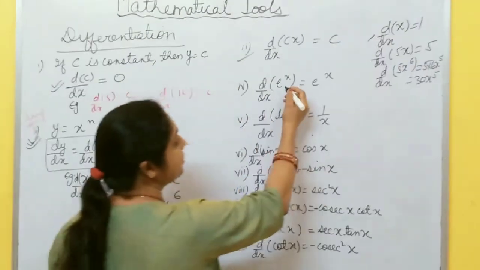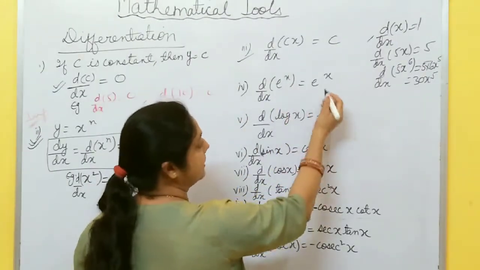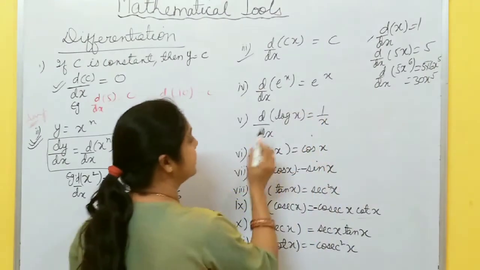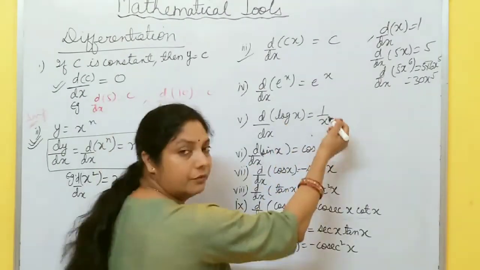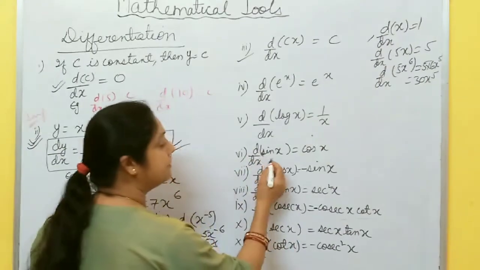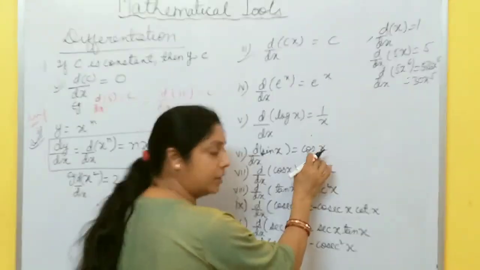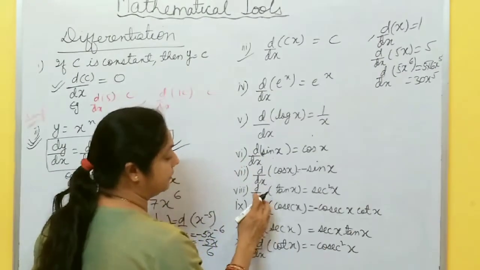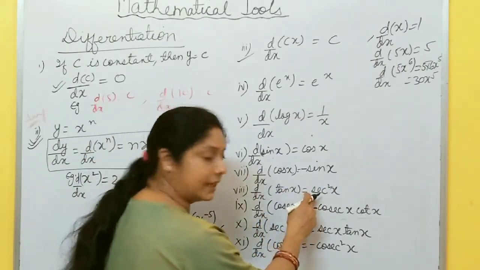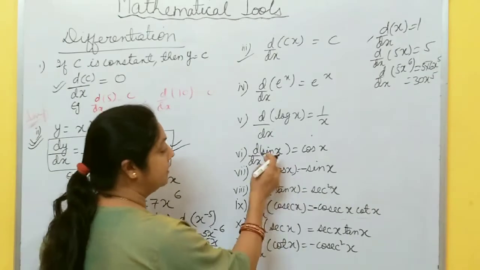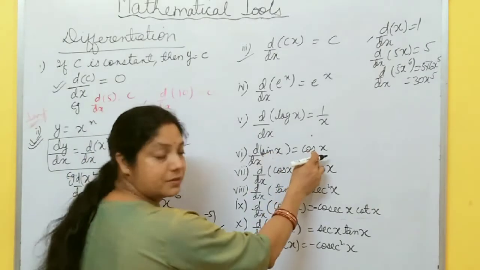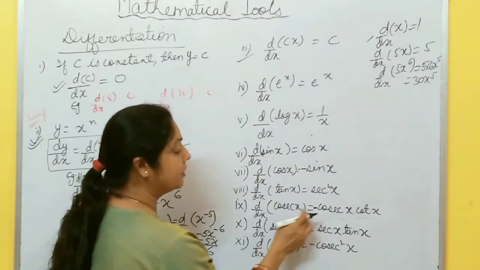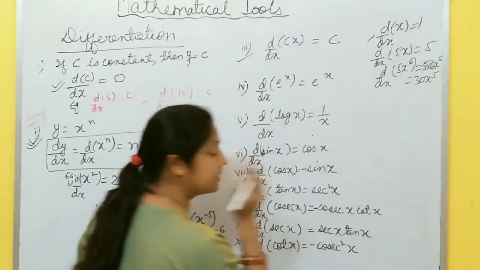Fourth one is differentiation of exponential function. E to the power x is e to the power x. Log x is always 1 by x. Sine becomes cos. Differentiation of cos x becomes minus sin x. Differentiation of tan x becomes sec square x. Then cosec x becomes minus cosec x cot x.